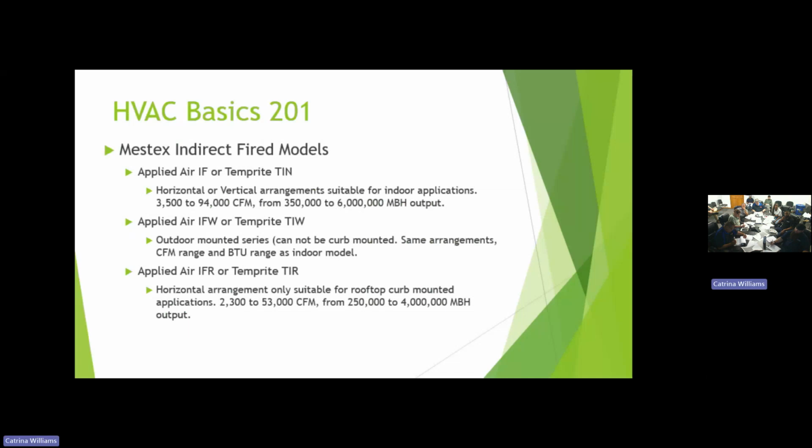Then if we do have an application for curb mounting, we have the IFR or the Temp-Right PIR. That's horizontal only. It's curb mounted. 2,300 to 53,000 CFM, and from 250,000 to 4 million BTU output. So that's the range of products we can offer on the indirect fire.